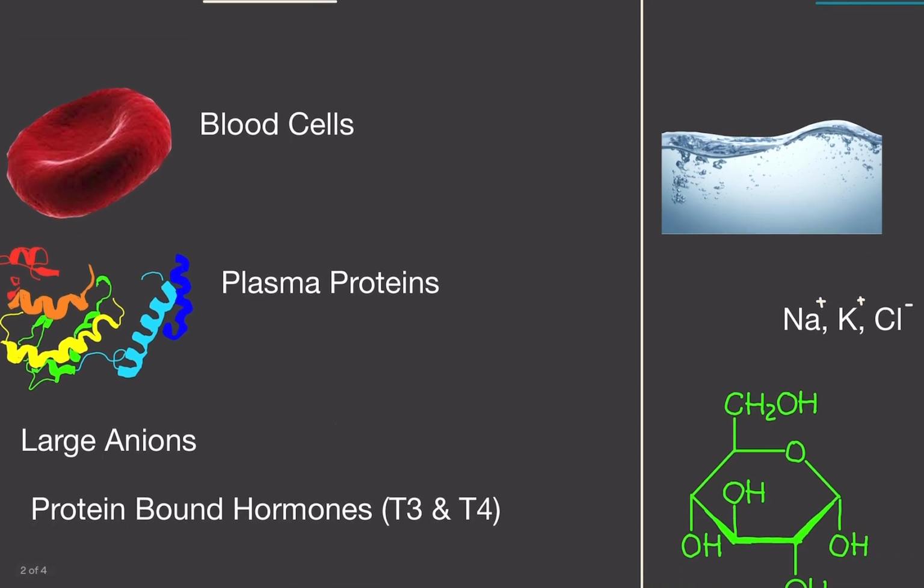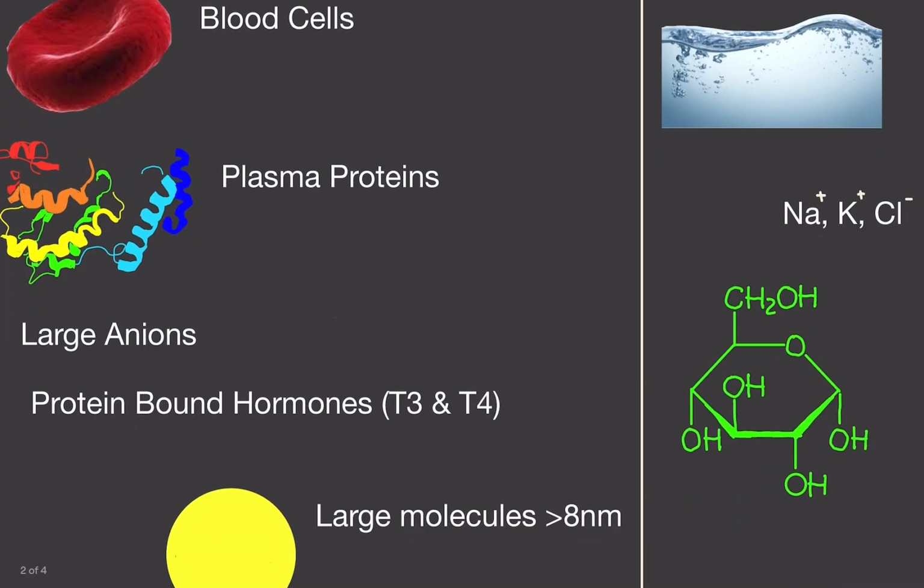Plasma proteins as well. Enzymes are proteins. It would be really bad if you were to pee out enzymes because we need these to actually do reactions in our body. But also plasma proteins are too big to cross the filtration slits or whatever barrier we're talking about. Large anions cannot pass through. This would be like bicarbonate, for example, HCO3.